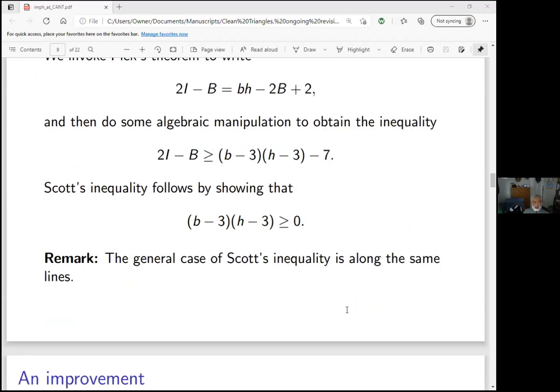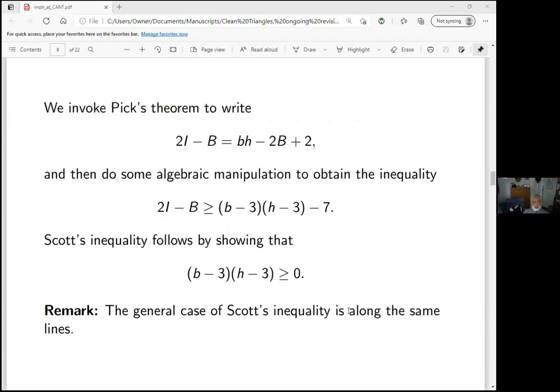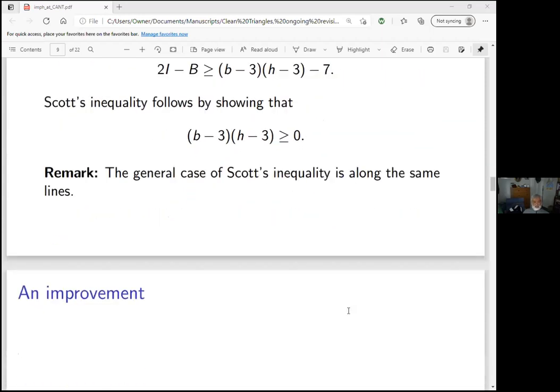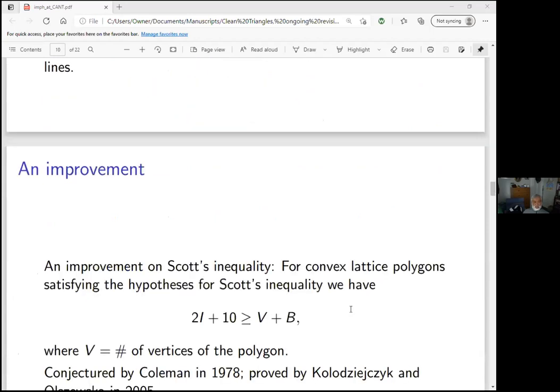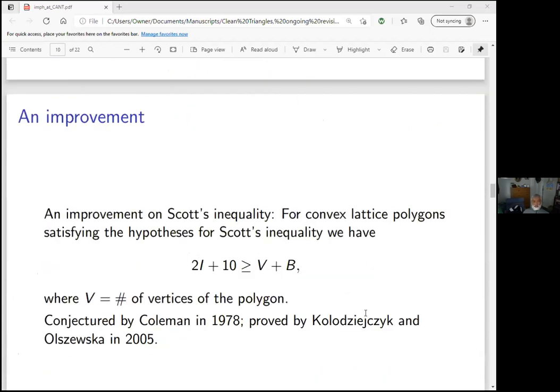Okay. I should mention that Scott's inequality has been improved to the following. If V represents the number of vertices of the polygon, and you have the same hypotheses, then the sum of the vertices plus the number of boundary points is bounded above by 2i plus 10.